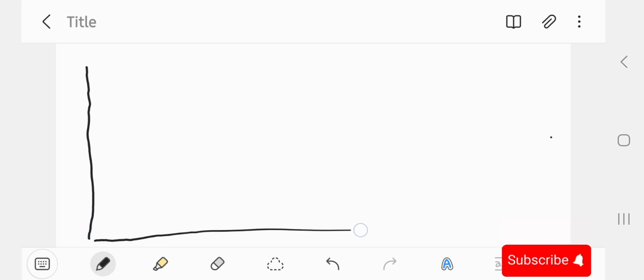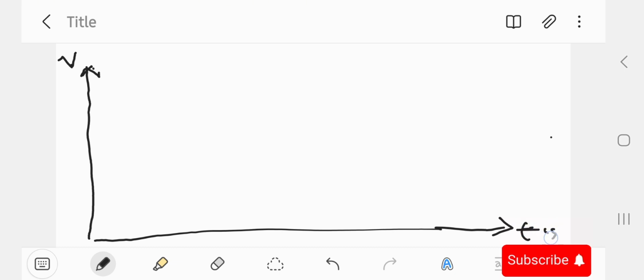So the car runs at a constant speed of 15 meters per second for 300 seconds. Remember, in a velocity time graph, it looks something like this. Don't mind my drawing. This vertical side is representing the velocity, and this horizontal side is representing the time.